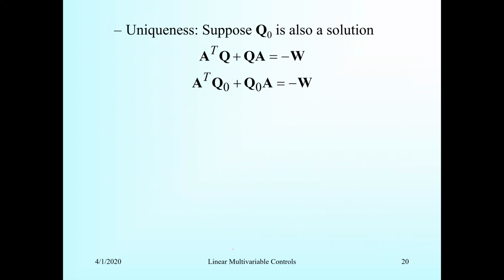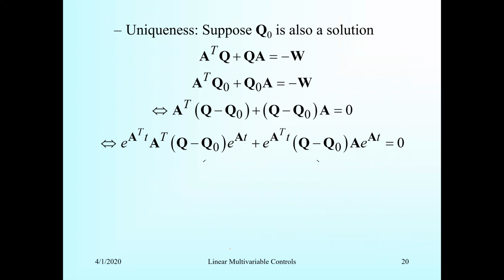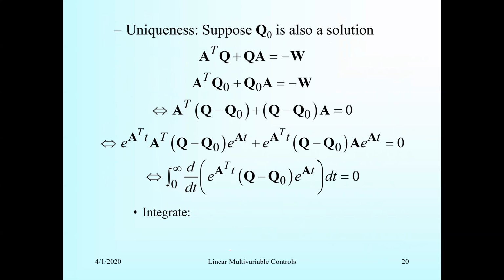So it's very interesting to argue that this Q must be unique. If you say, oh, we got another Q0, it's also a solution. Then you put this one, this is 0. Then you put this one, it's also 0. You integrate that. So what do you get? Because these are all 0, the whole thing from 0 to infinity, if we put infinity, this is 0.